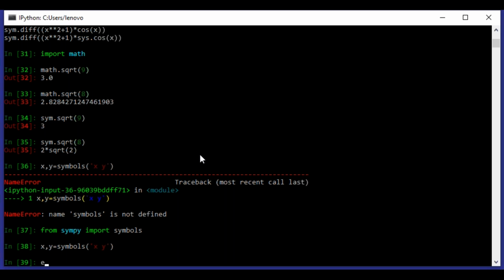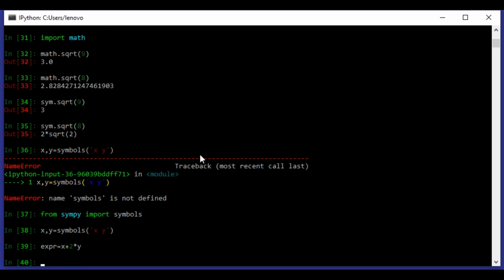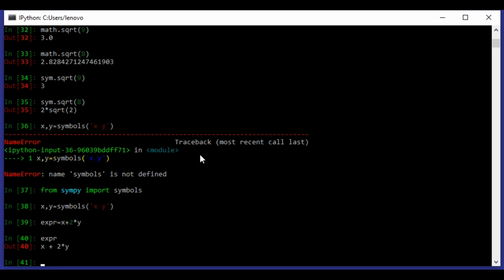Then I am giving an expression, expr equal to x plus 2y, 2 into y. Then for expr we will get x plus 2y.